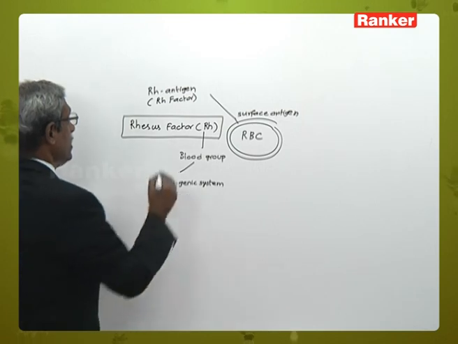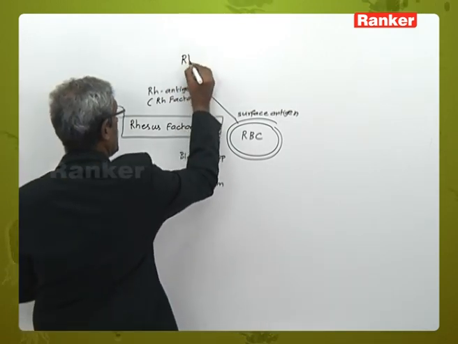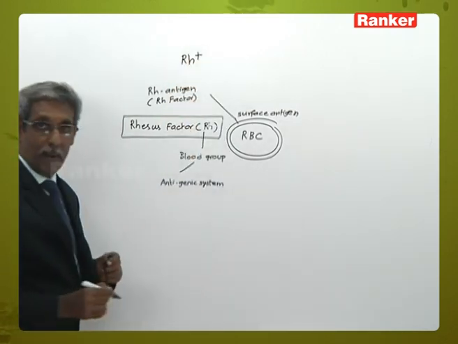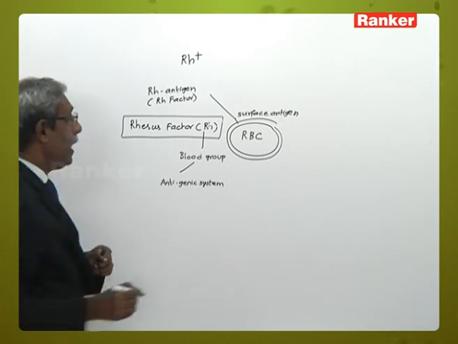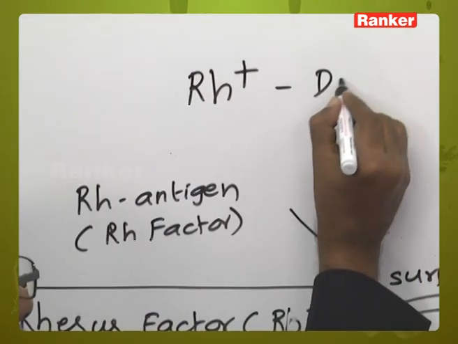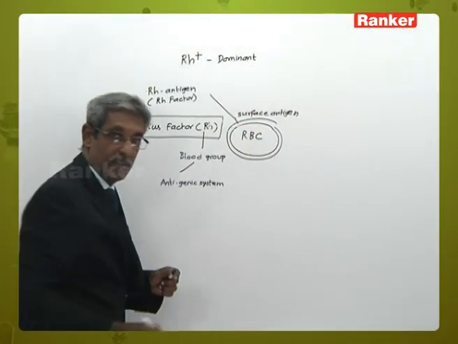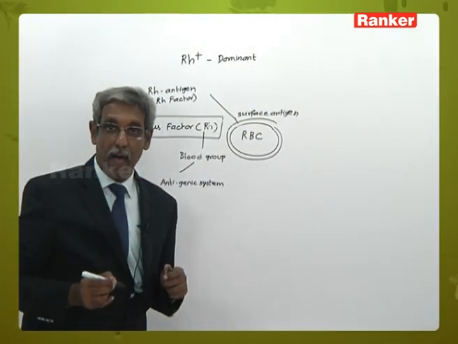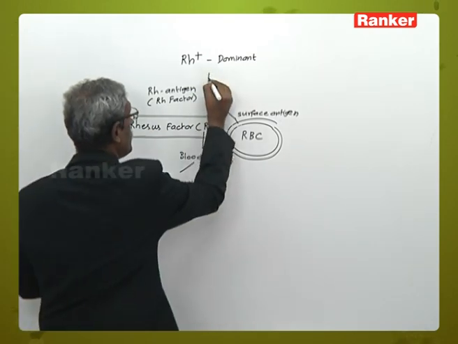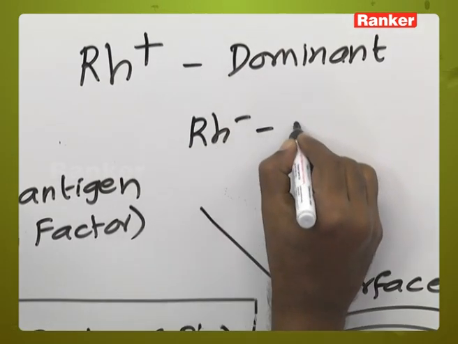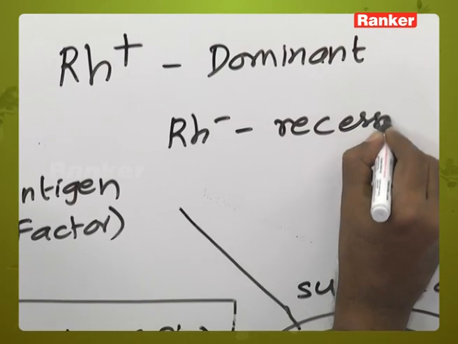Presence of RH is attributed to a single gene which is termed as RH plus. RH plus indicates dominance. It is a dominant gene, and RH minus indicates that it is a recessive gene.